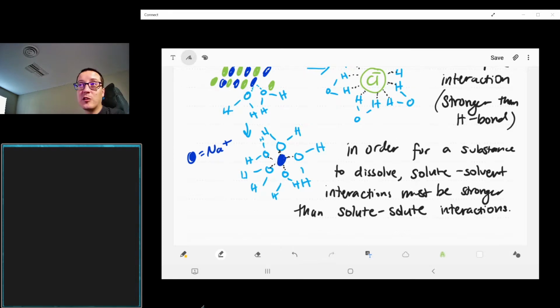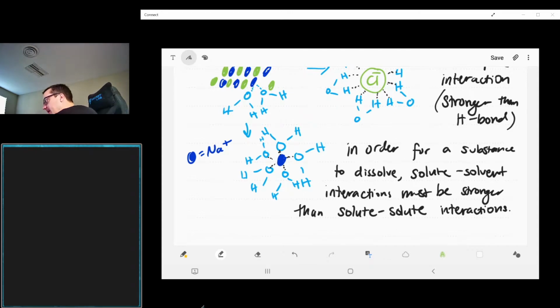And so, unfortunately, the water-calcium or water-carbonate interactions are not strong enough to break that apart. But something like sodium chloride, of course, dissolves very easily because the water-sodium and water-chloride interaction is very strong compared to the sodium-chloride interaction. And so that's really all it comes down to for something to dissolve.